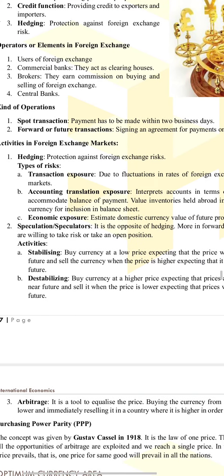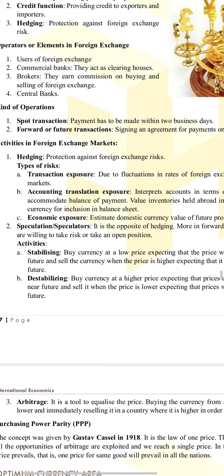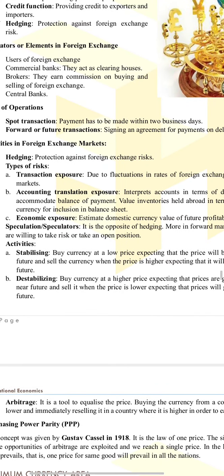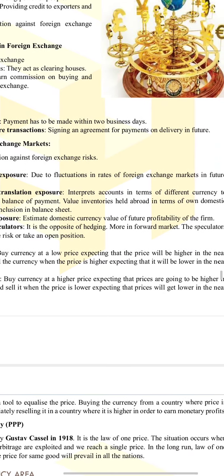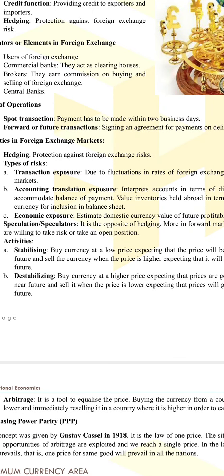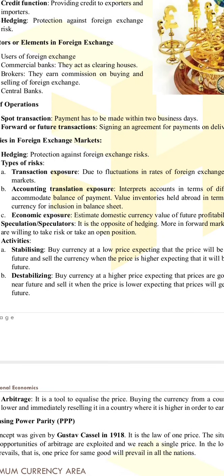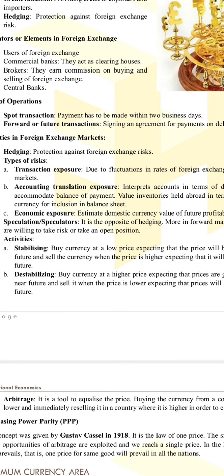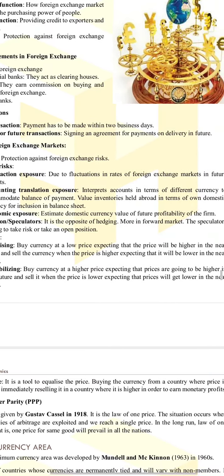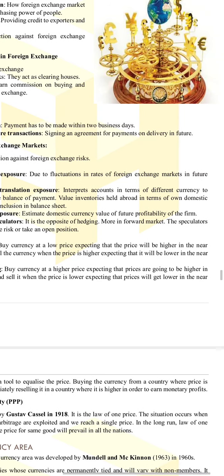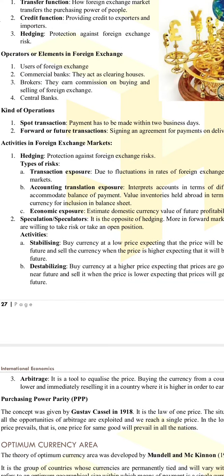In these types of risk, transaction exposure is due to fluctuations in the rate of the foreign exchange market in the future market. Accounting or translation exposure interprets accounts in terms of different currency to accommodate balance of payment value.